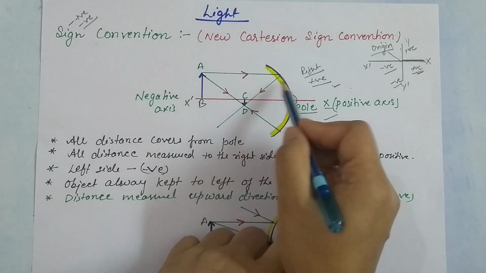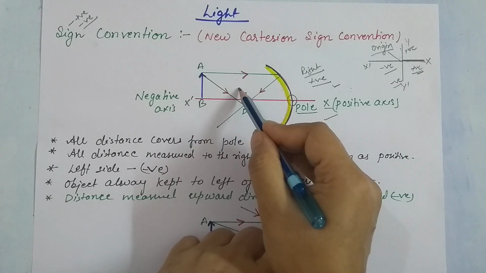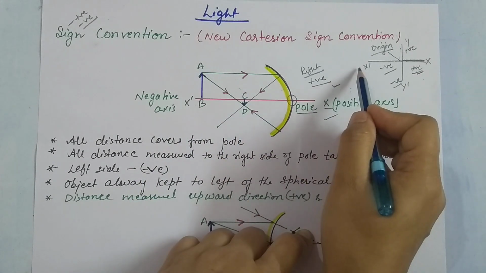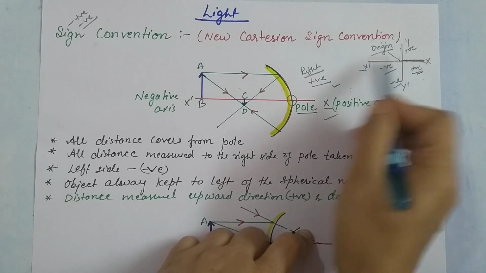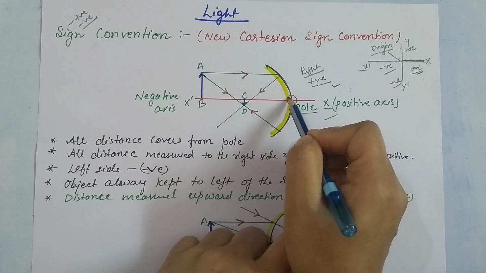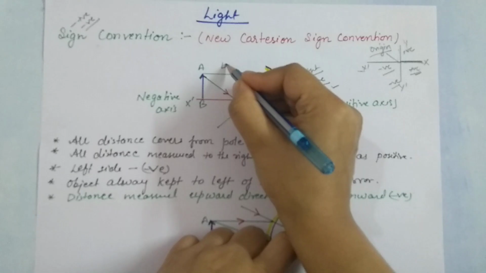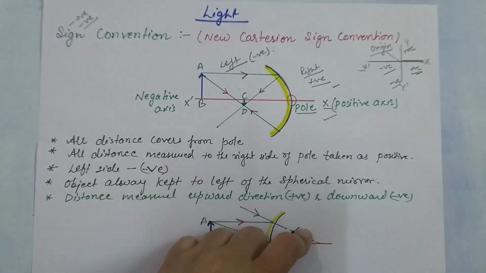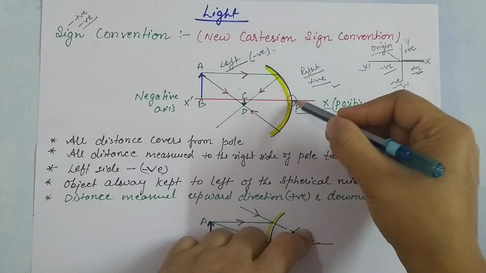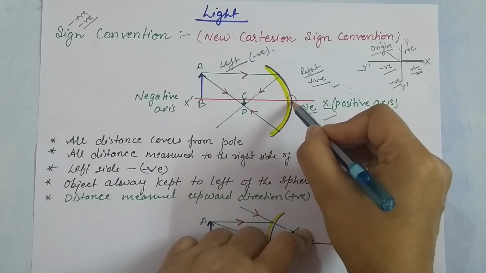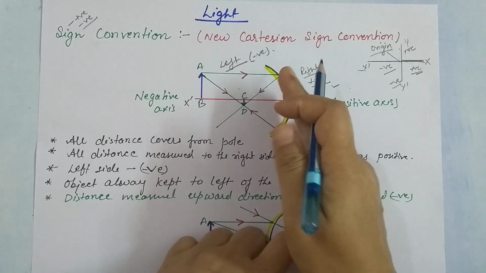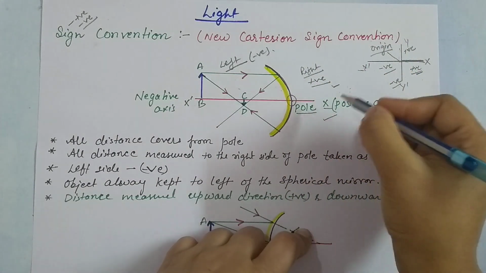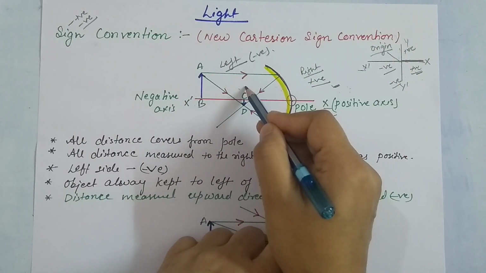The second thing: this is x dash, and whatever we measure from the pole on the left side we consider as negative. So this is the origin; whatever we measure towards the right side is taken as positive, and the left side is taken as negative.